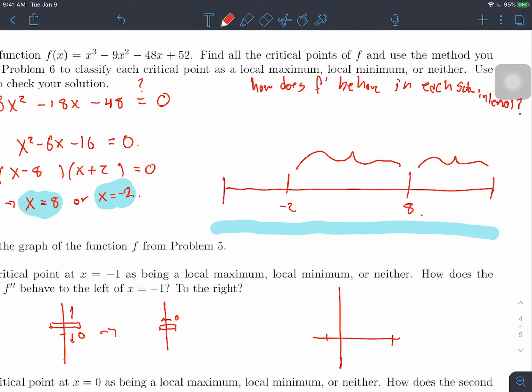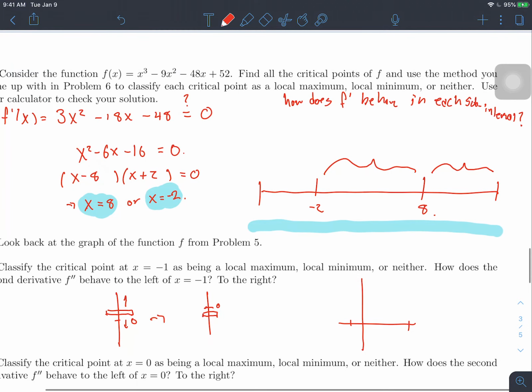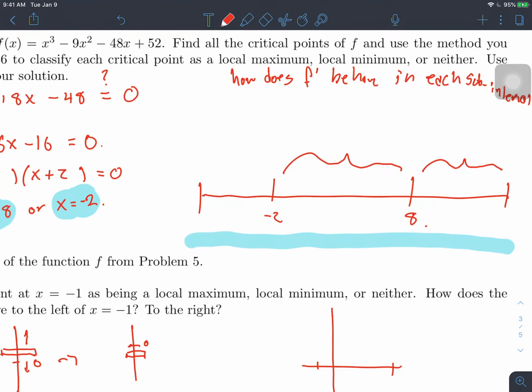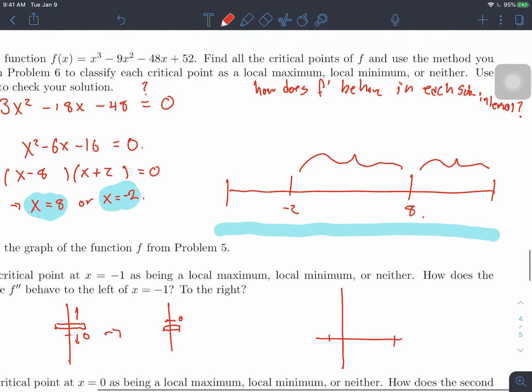Because otherwise f prime would have to be 0 again somewhere else, in which case we would have found that the derivative would be equal to 0. But we already know there's only 2 times when the derivative is equal to 0. It's when x is equal to 8 or x is equal to -2. Okay, so what I'm going to do with this number line is describe the sign of f prime and try to identify whether the sign is going from positive to negative.